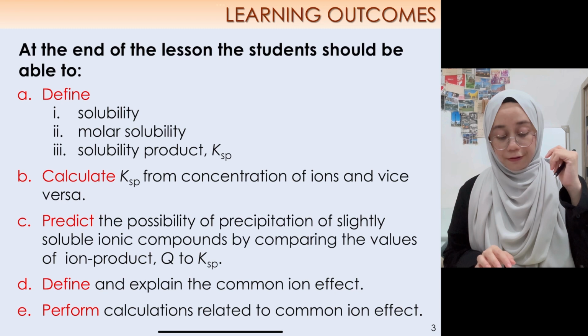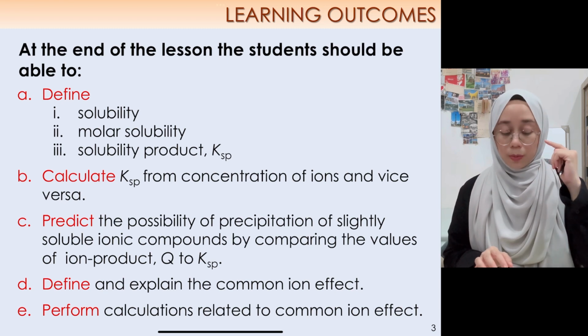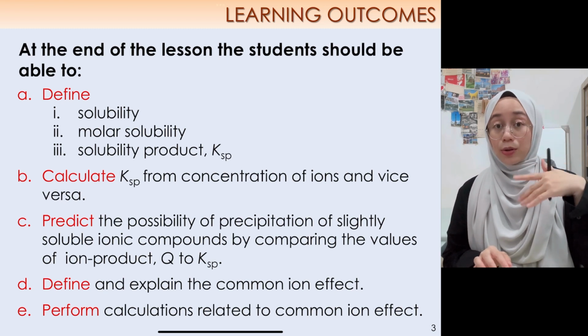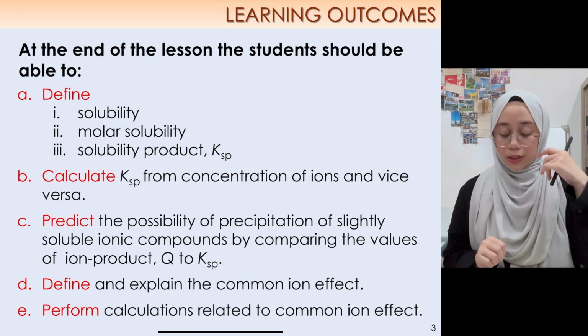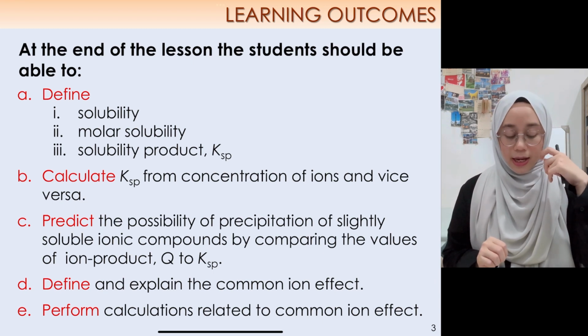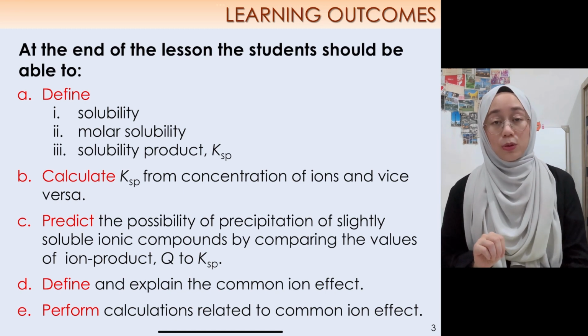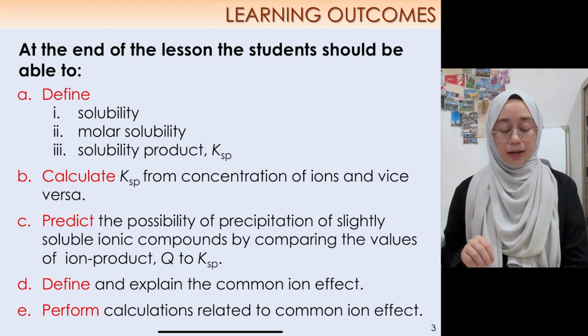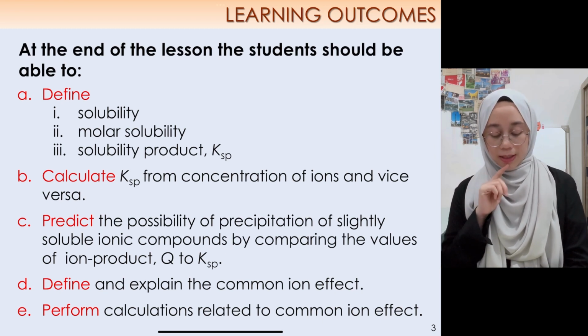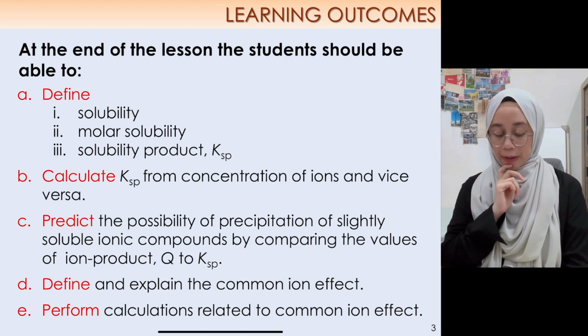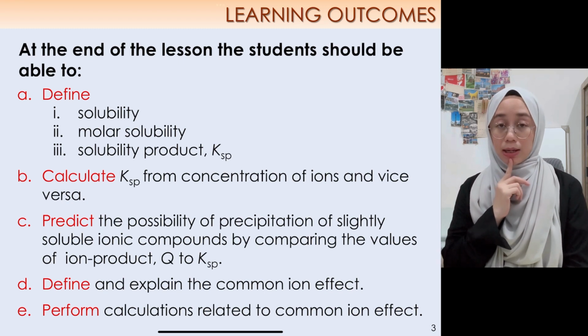So kita akan tengok the definition of solubility, molar solubility, solubility product, and kita akan try to calculate KSP from the concentration of ion and vice versa, and predict the possibility of precipitation of slightly soluble ionic compound by comparing the value of ion product QSP to the KSP, and then define and explain common ion effect, perform calculation related to common ion effect. Tapi hari ni kita just tengok A dengan B sahaja dahulu.